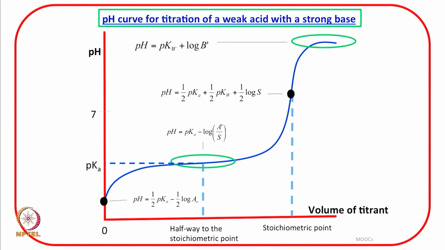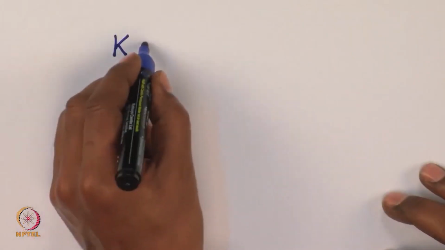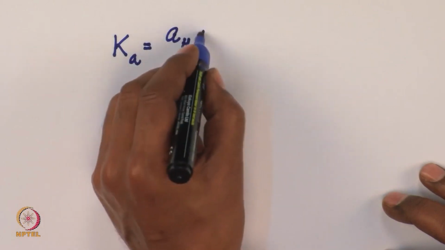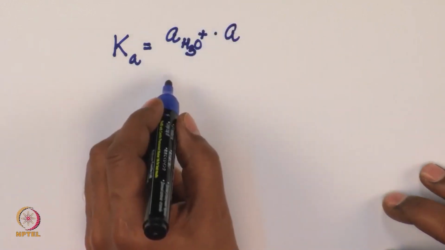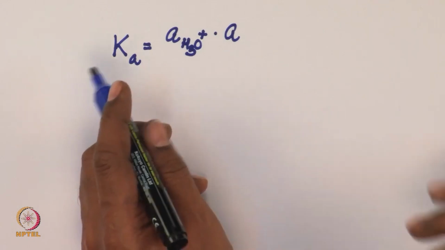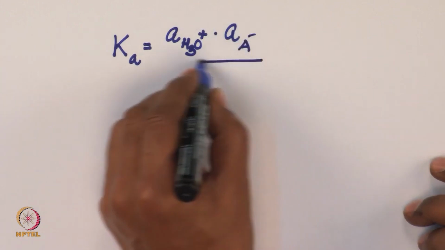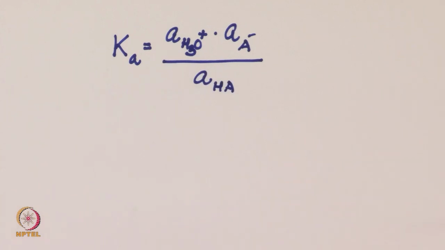And since we are talking about a weak acid, I will write the acidity constant as equal to the activity of H3O plus times the activity of A minus divided by the activity of HA. That is how we write the ionization constant or acidity constant for a weak acid.